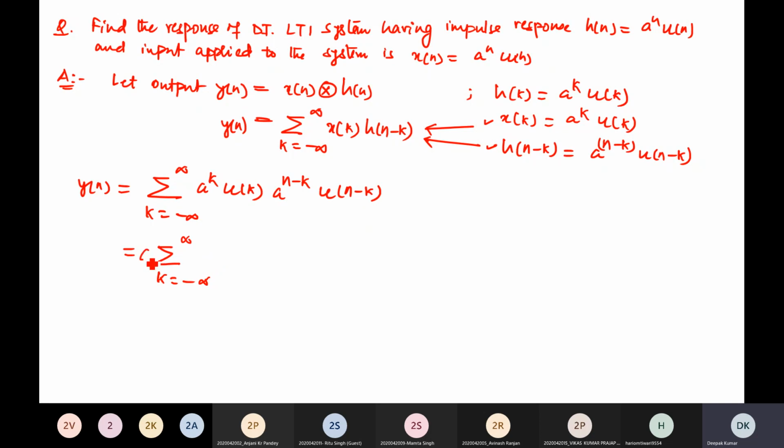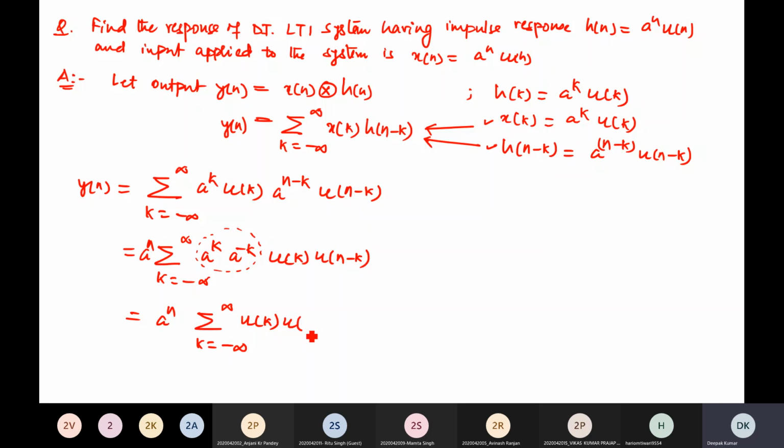It means a to the power n will be constant, and a to the power k and a to the power minus k will be 1, and it will be simplified as summation k is equal to from minus infinity to plus infinity u of k u of n minus k.